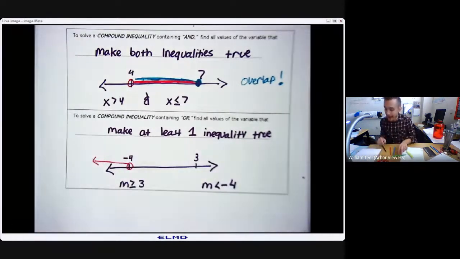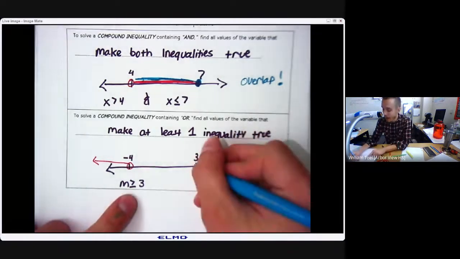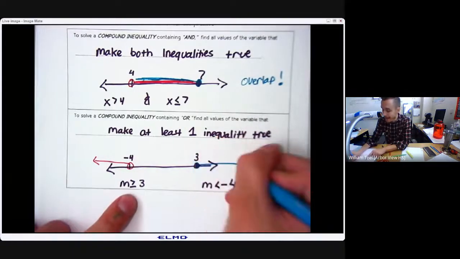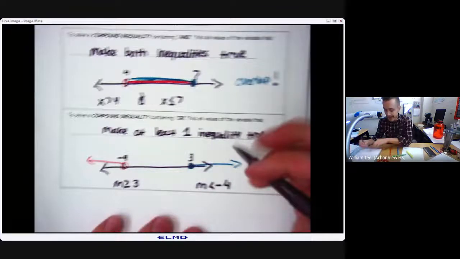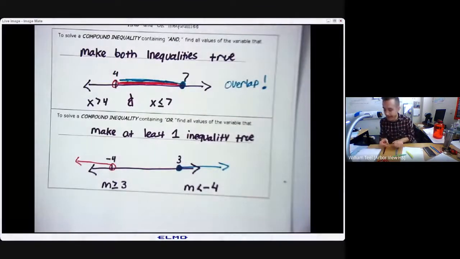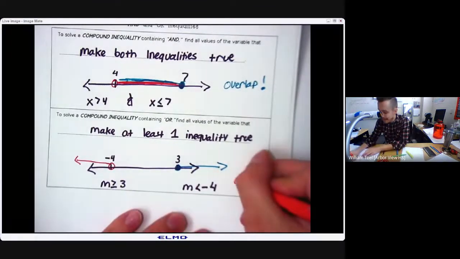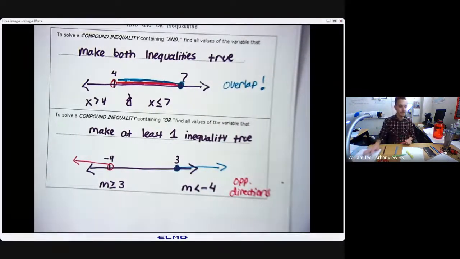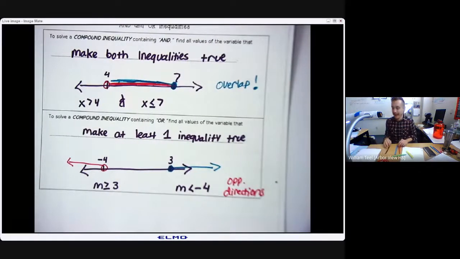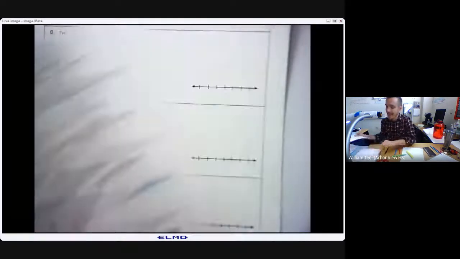If I'm looking at the values that are greater than or equal to 3, then I'm looking at all of the values that are going to the right of 3. So notice how these go in opposite directions. So with these graphs, you're always going to be looking at opposite directions. Okay, just a couple of properties to note about these.